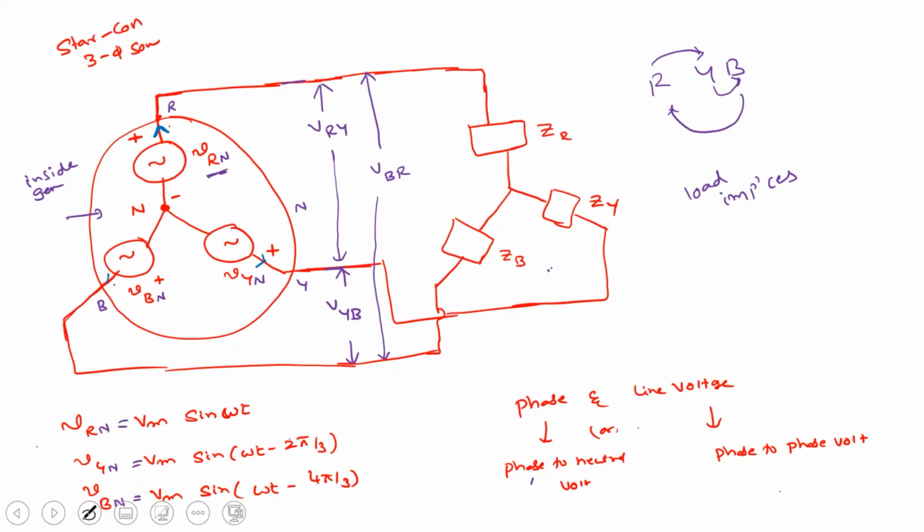So this is another current here. Let us assume this is small IR, and this is IY, and this current is IB.